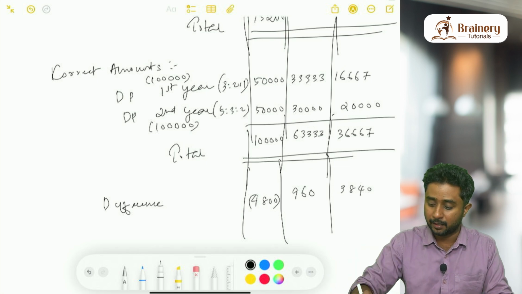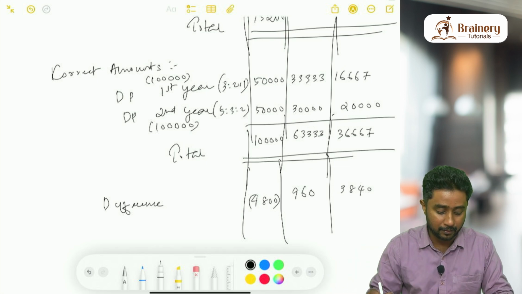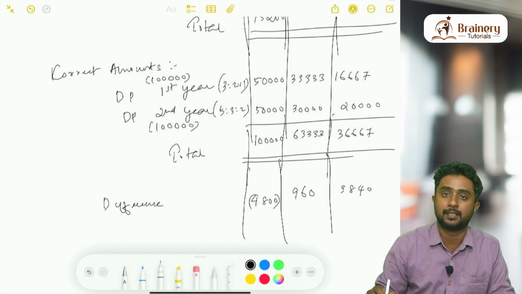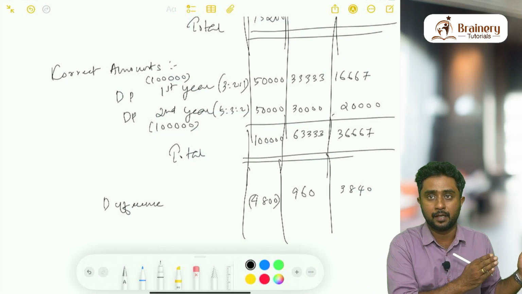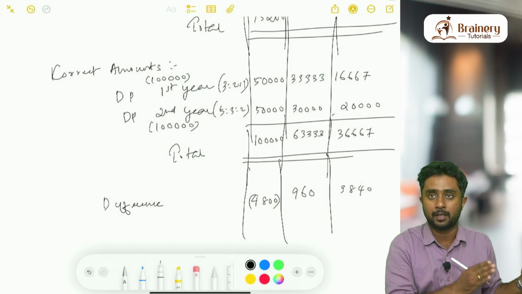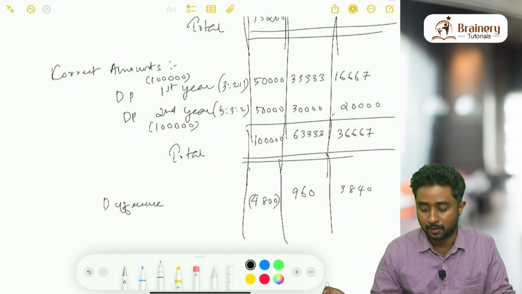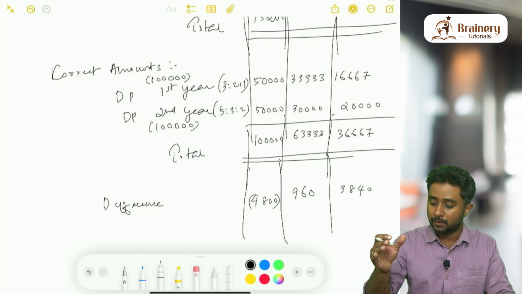When you add 3,840 and 960, you get 4,800 as the total. That means because of this mistake, one person is getting a lesser amount and the other two partners are getting more amounts in their accounts, basically the capital account only. So that is what we have done here.